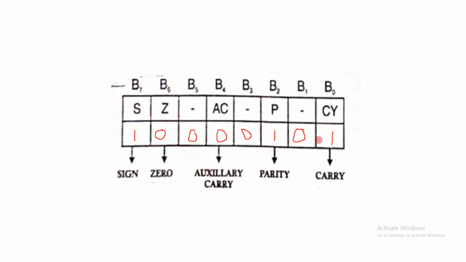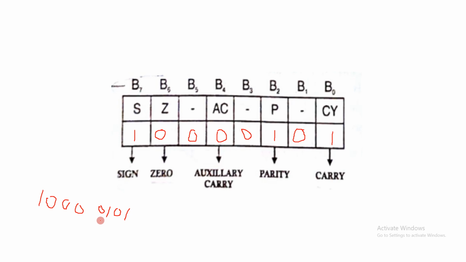Now this is a binary number. I want to convert it into hexadecimal. So how do we convert a binary number into hexa? For example, this is the number 1 0 0 0 0 1 0 1. Now what we will do? Each digit in hexadecimal represents 4 bits.